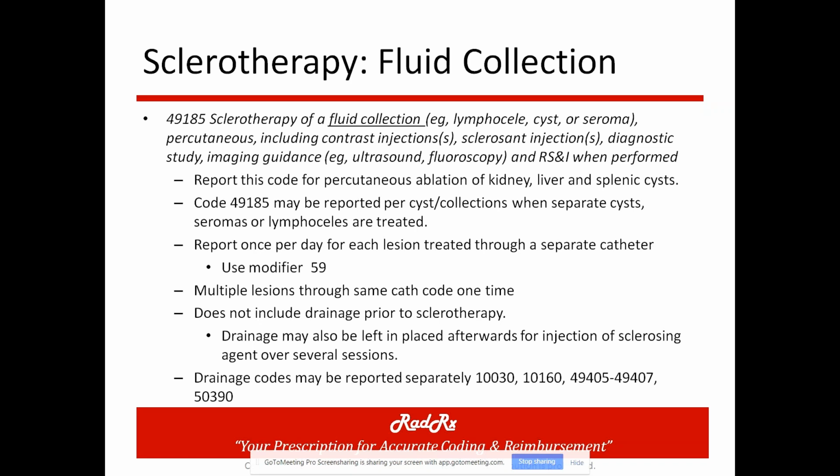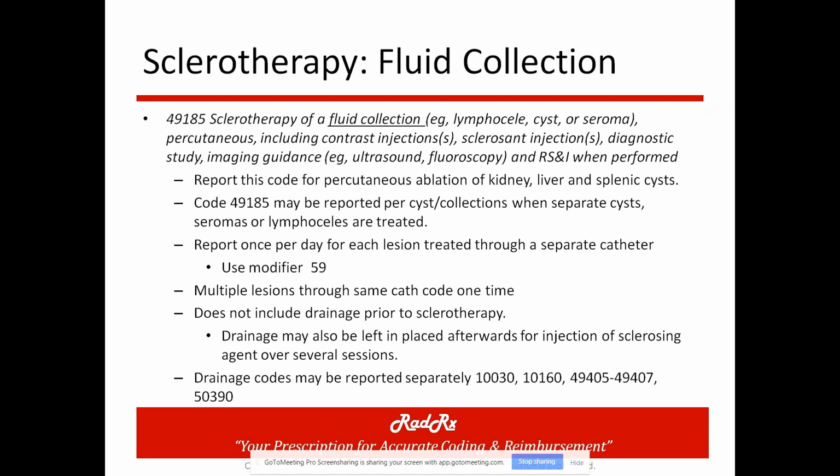And even though it's in the section of CPT where we're dealing with the abdomen, this is where it gets confusing. Does it only apply to those abdomen procedures, or does it apply to other procedures? I've talked to other consultants, and the understanding is that this can be used outside of the abdominal area when we're talking about a cyst, seroma, or a lymphocele. It doesn't have to be in the abdominal area.